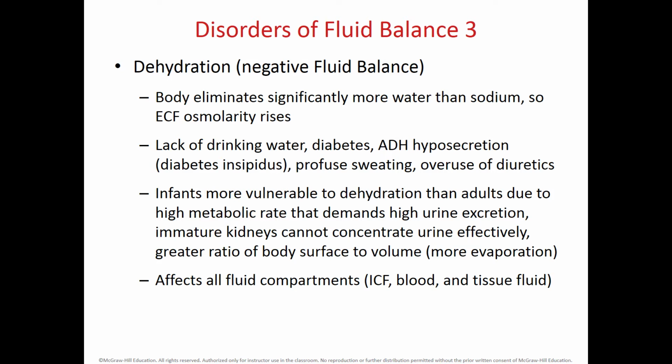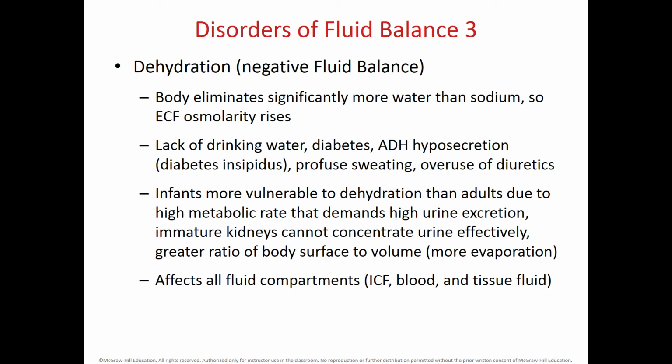Now, in general, infants are more susceptible to dehydration than adults because infants have a higher metabolic rate than adults, and their immature kidneys are not properly concentrating the urine to compensate for this problem.